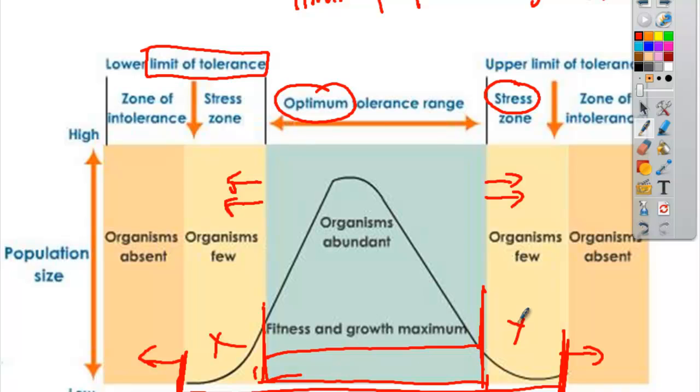If you go outside the optimum range, over in here, or here, we call that zones of stress, and then there's the limit at the end. Okay, so this is going to become very important, and there are great examples of how we as human beings change the limiting factor so that we push it outside its zone of stress into the limit, and then the species goes extinct. All right, so it's a very, very important point to understand.